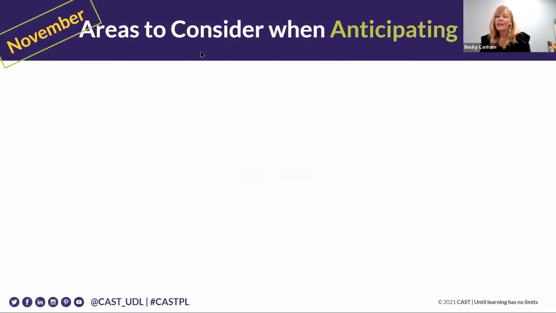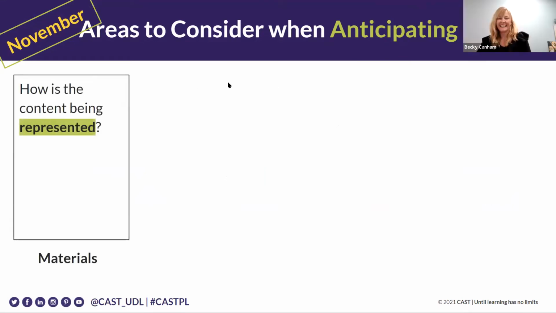Last month, we spent some time anticipating barriers, and we looked at four different areas, or four buckets, when thinking about a learning experience or lesson design. How can we anticipate barriers in materials?